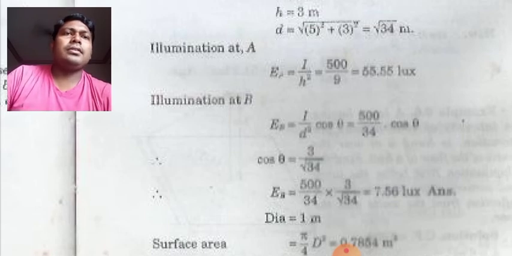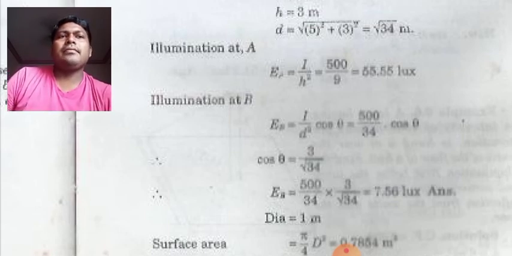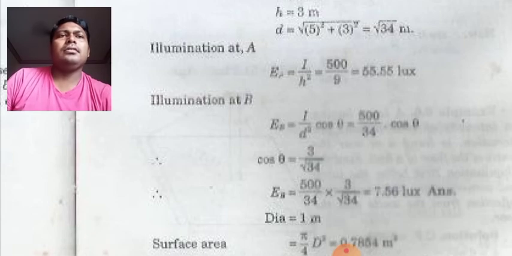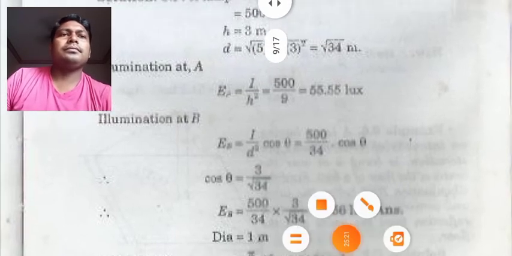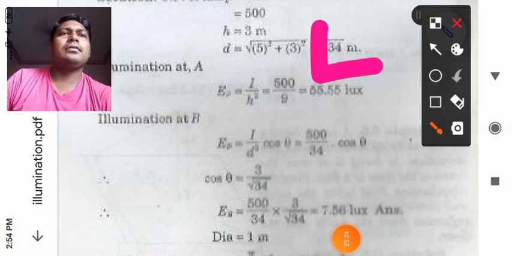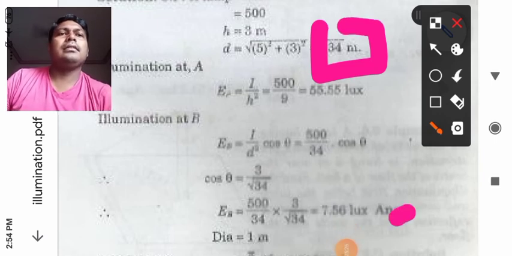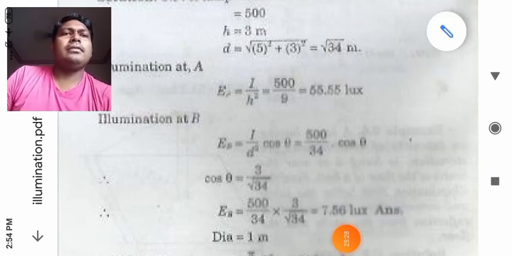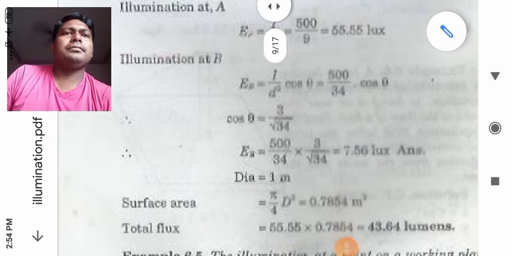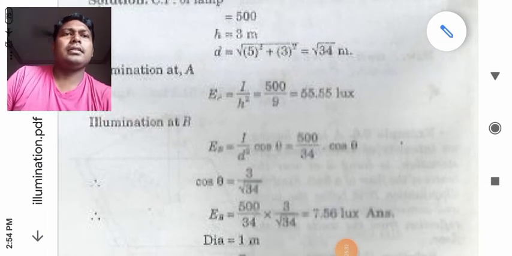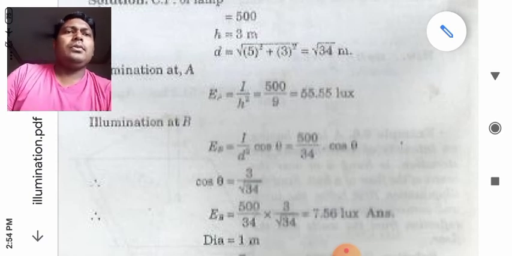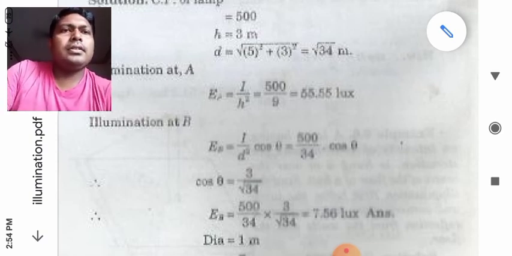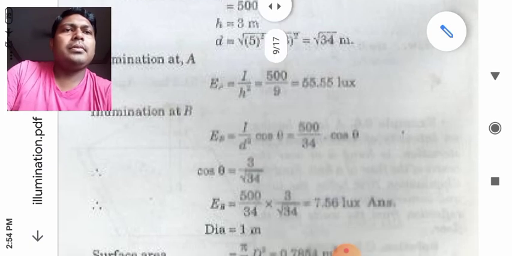Similarly, illumination at B, E is equal to I divided by d square into cos theta, which is equal to 500 divided by 34, because d square is this one, root 34 square. So from there we found out the distance, and its square will give you 34, into cos theta. Again, cos theta is equal to 3 divided by root 34.